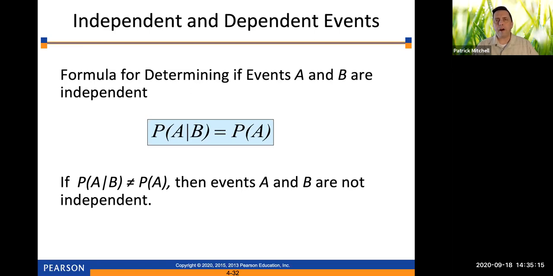And I say, but I'll give you a hint, event B has also occurred. Well, if the events are independent, then that hint is not going to be any help, because the two events are unrelated. If these two probabilities are not equal, then that means the events A and B are dependent.